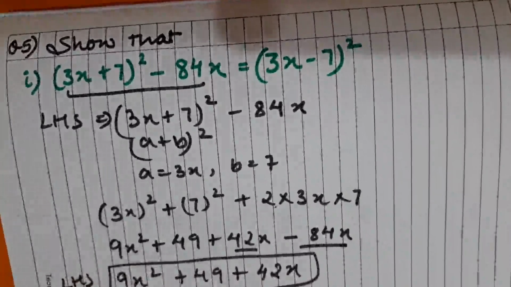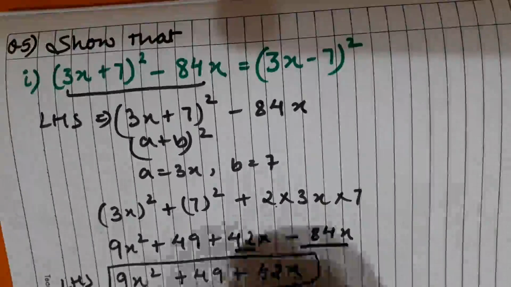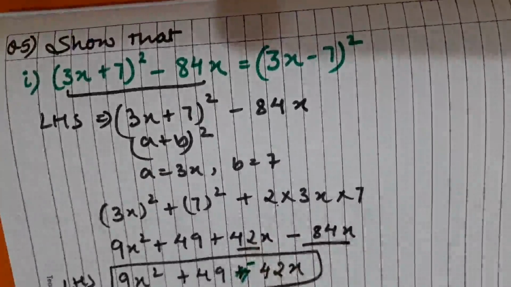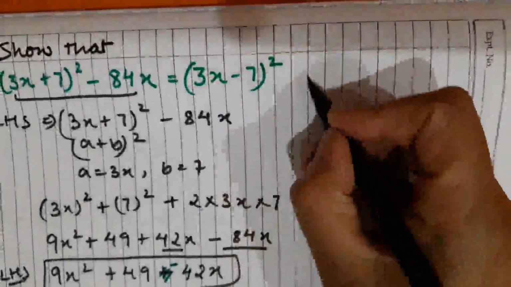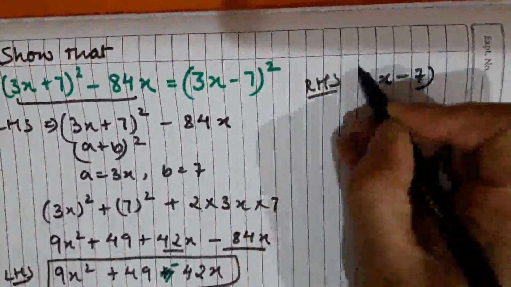With minus sign, minus 42, because 84 is the greater one. So this is your left hand side. Okay, so let's solve the rightmost side. The rightmost side is 3x minus 7 whole square.